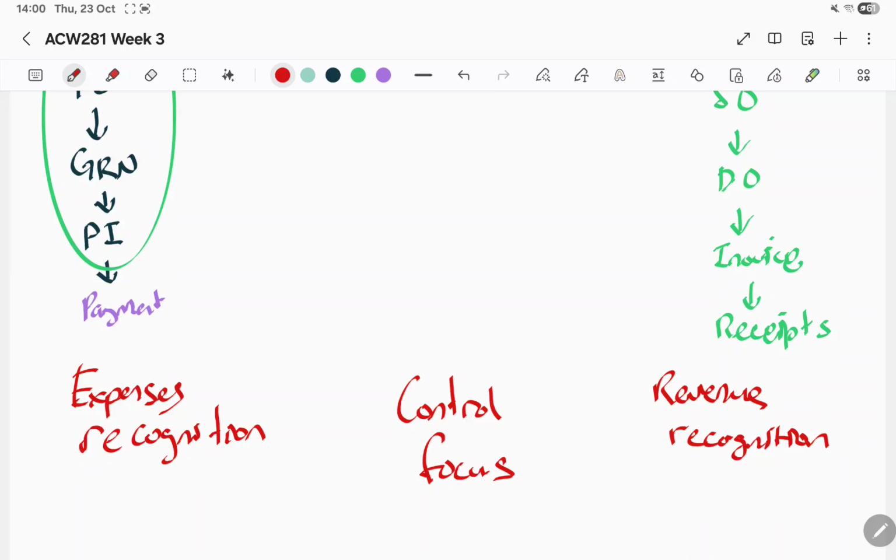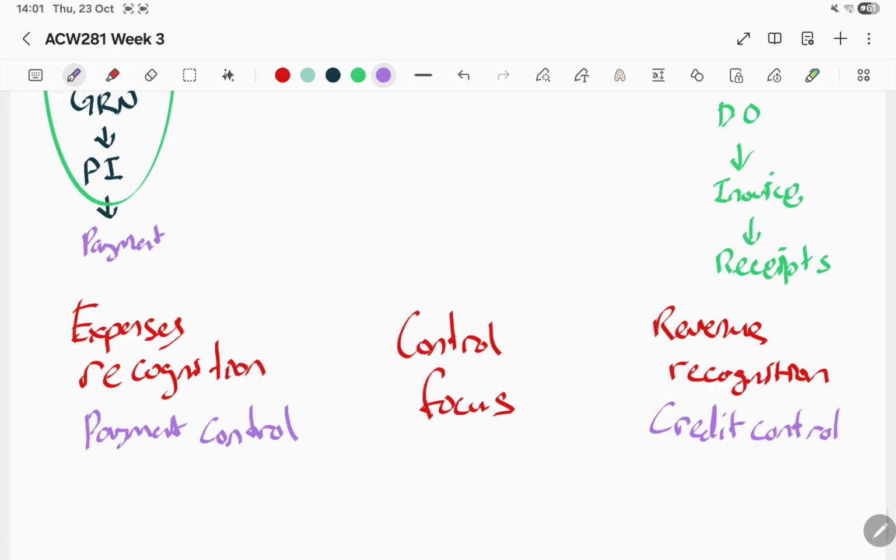Of course, payment control, the focus, right? You want to control the payment. And then over here is the credit control. All right, payment control, credit control.